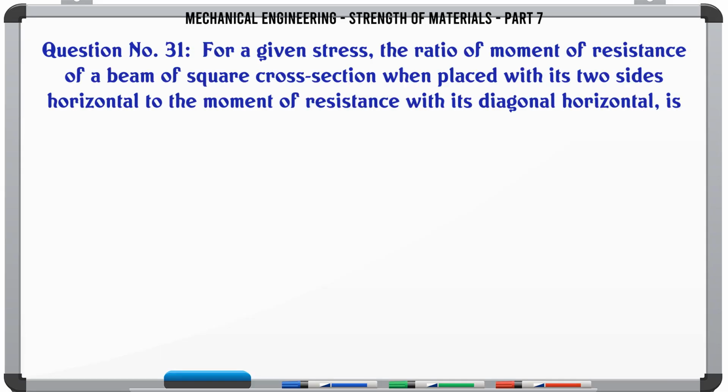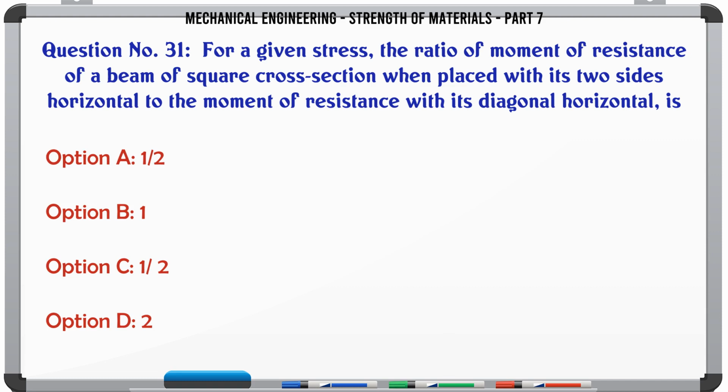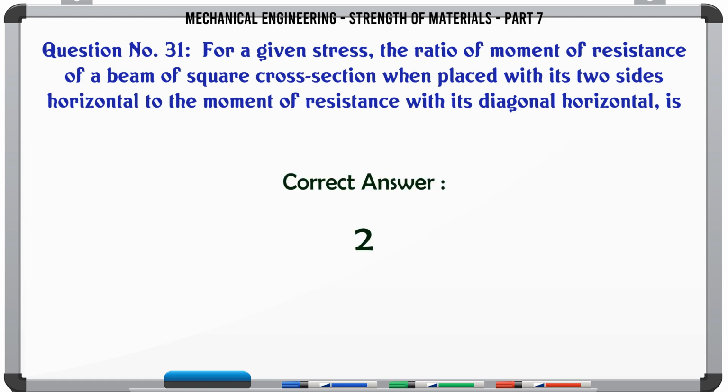For a given stress, the ratio of moment of resistance of a beam of square cross-section when placed with its two sides horizontal to the moment of resistance with its diagonal horizontal is: A. 1/2, B. 1, C. 1/√2, D. √2. The correct answer is √2.